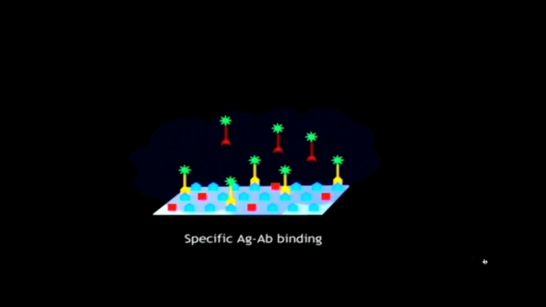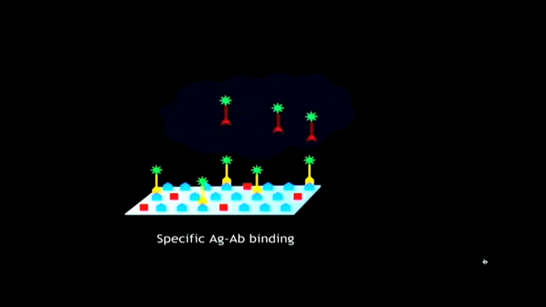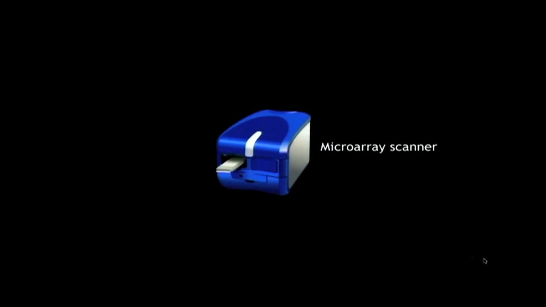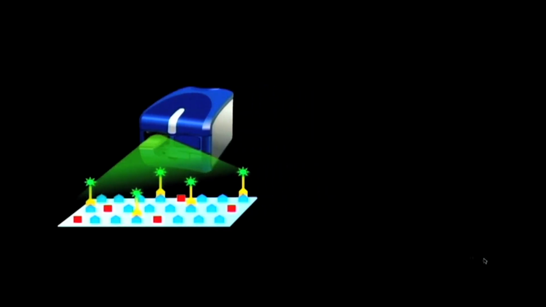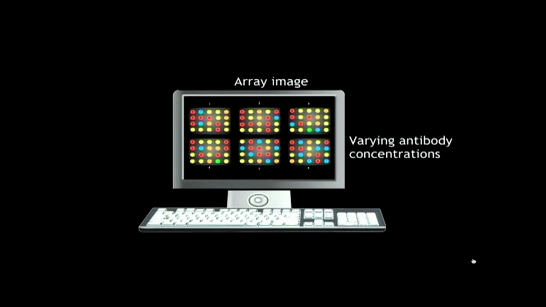After washing and drying the microarrays, these slides were scanned at 532 and 635 nanometers. It was found that these antigen arrays allowed detection and quantitation of antibodies down to absolute concentrations of 100 picogram per ml.